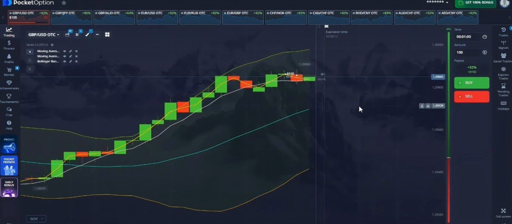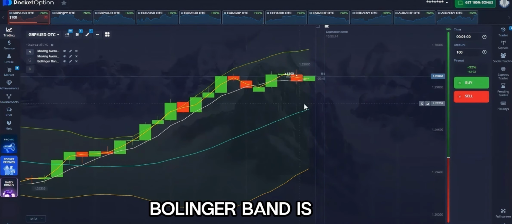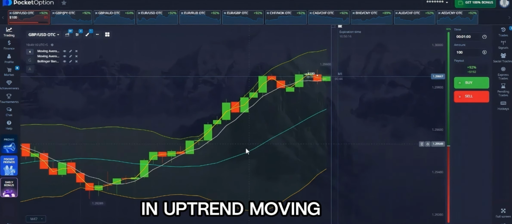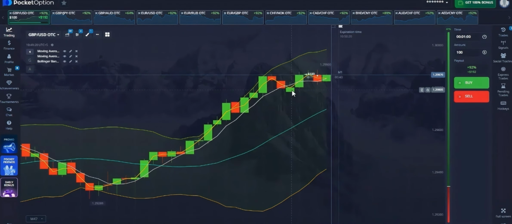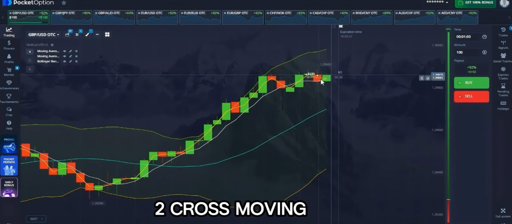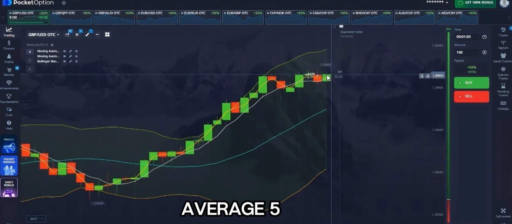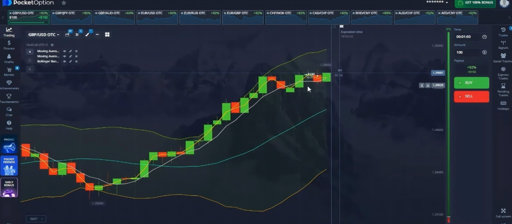Bollinger Band middle line is in an uptrend, and moving average 2 crosses moving average 5. Yellow is moving average 2, white is moving average 5.